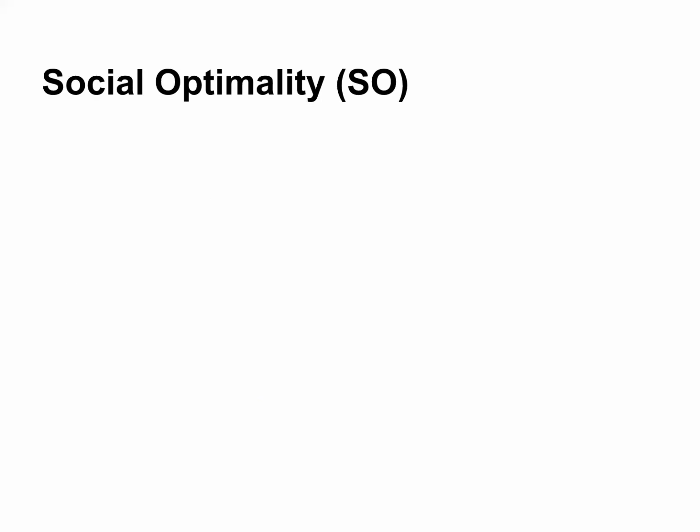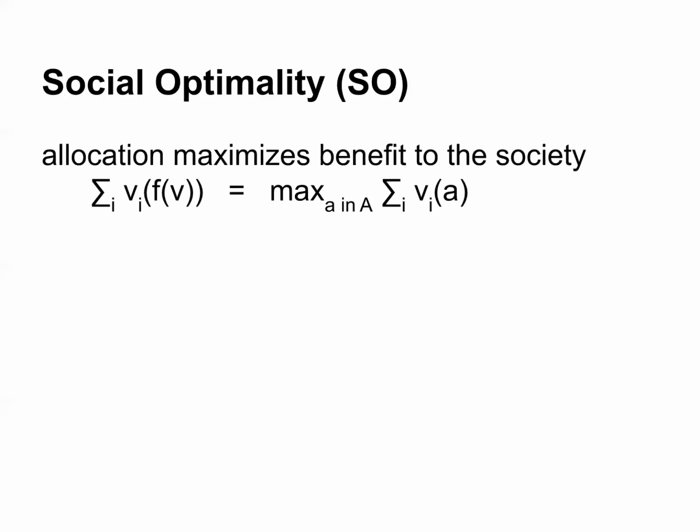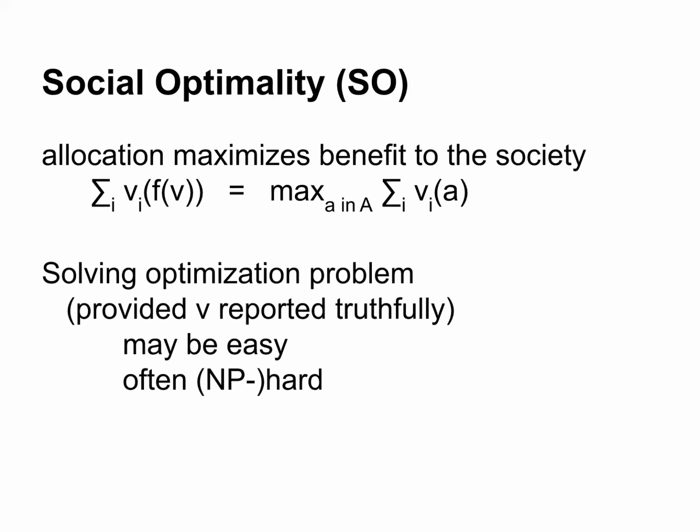And now let's get to our main question, the properties that we are particularly interested in today. Social optimality. If you want to make the mechanism socially optimal, just socially optimal, forgetting about everything else, just trying to maximize the benefit to the society, how hard is that? Well, you have to solve an optimization problem.